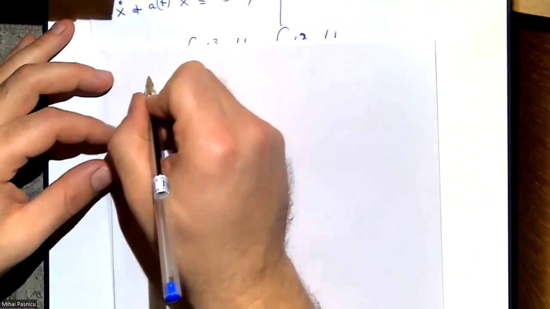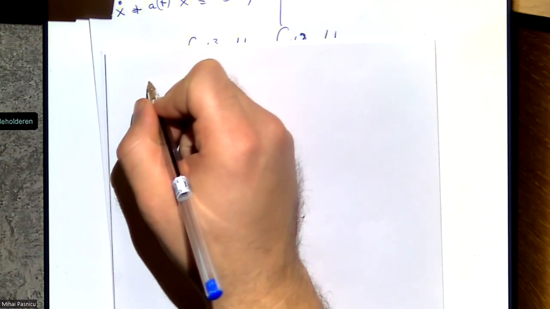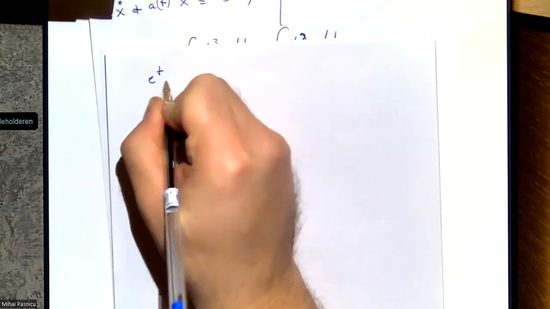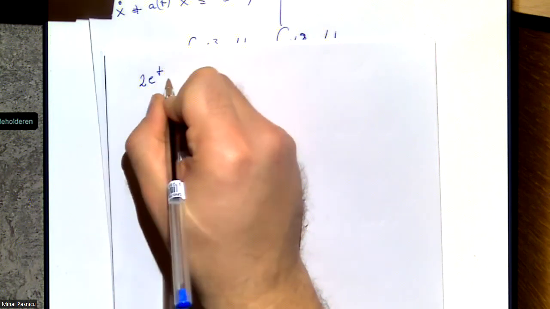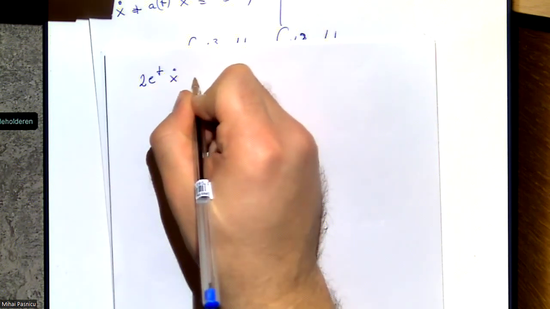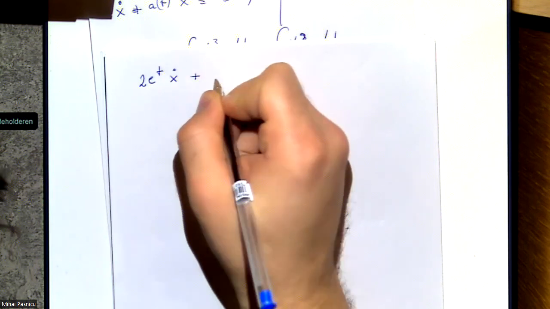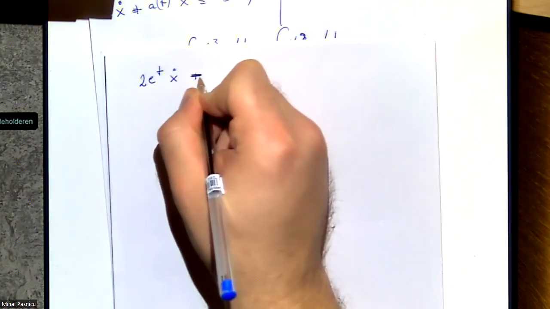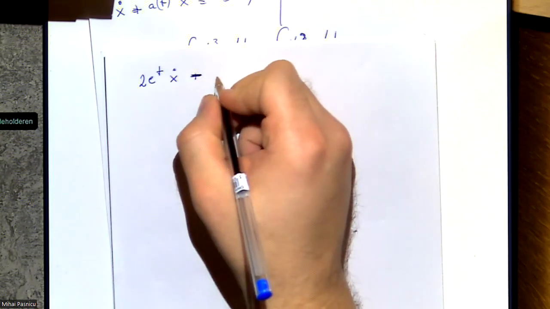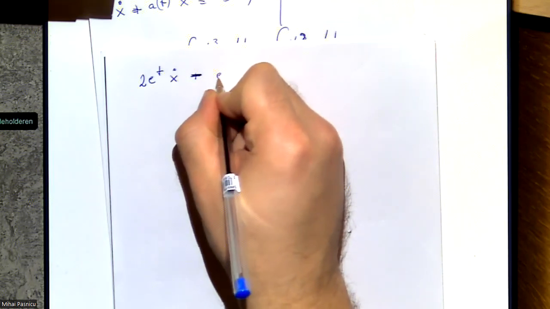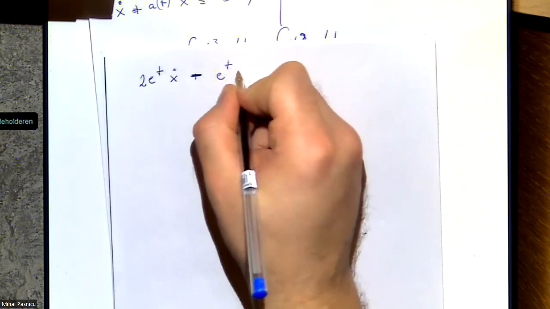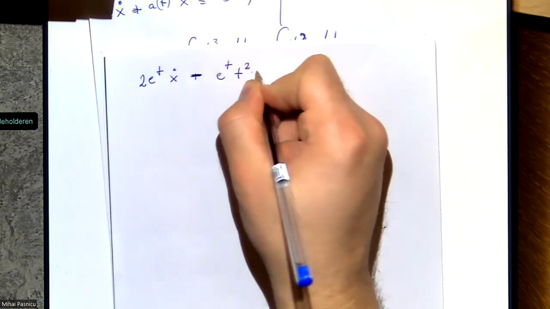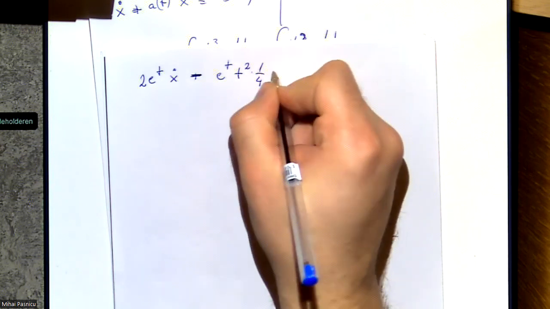So we're going to have e to the t times 2e to the t x dot, minus e to the t squared times 1/4 x.